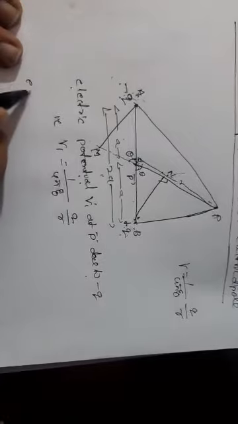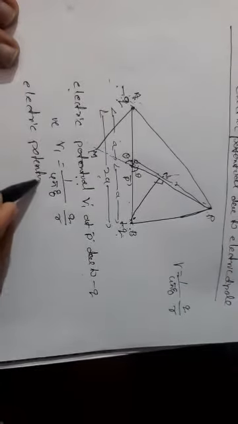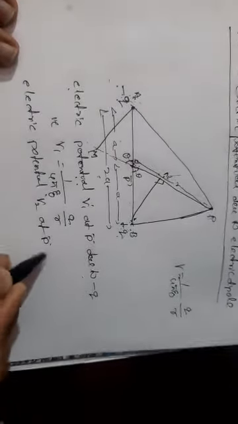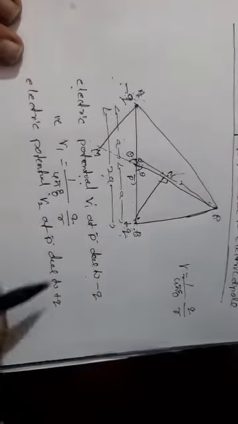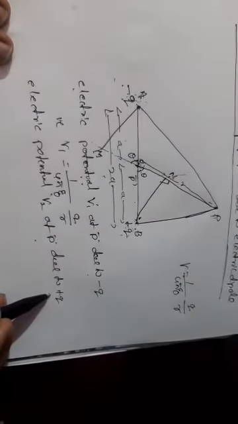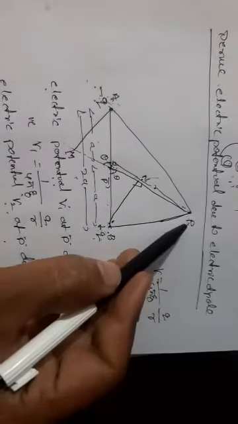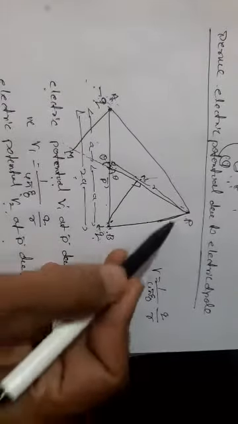Similarly, the electric potential V2 at point P due to the positive charge. What is the distance? PB is the distance.